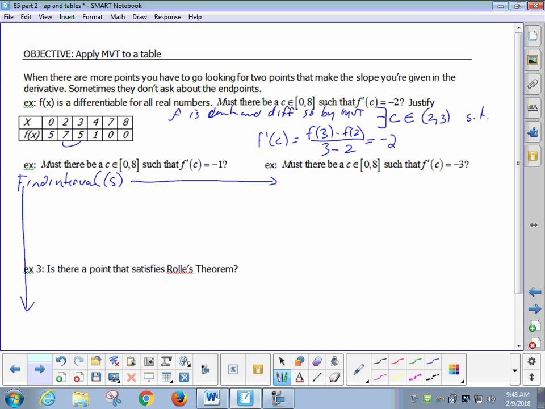If they tell you it's differentiable for all, then it's easier to just go that way. On the homework problems, on the book, I want you to do that, just to continuously write it and get it in your head. That's a good question. Thank you for asking.